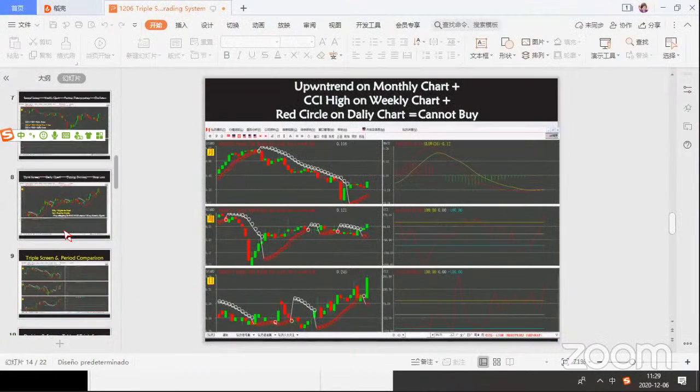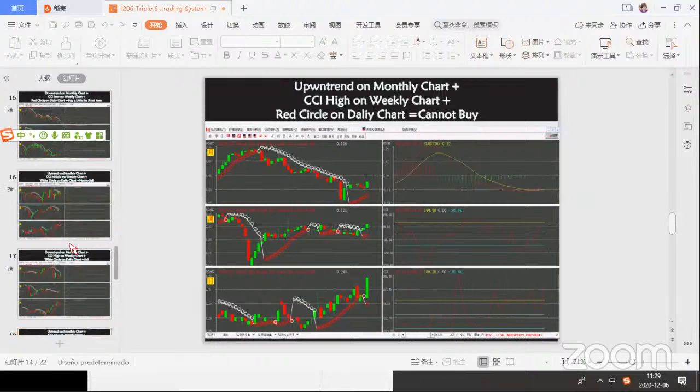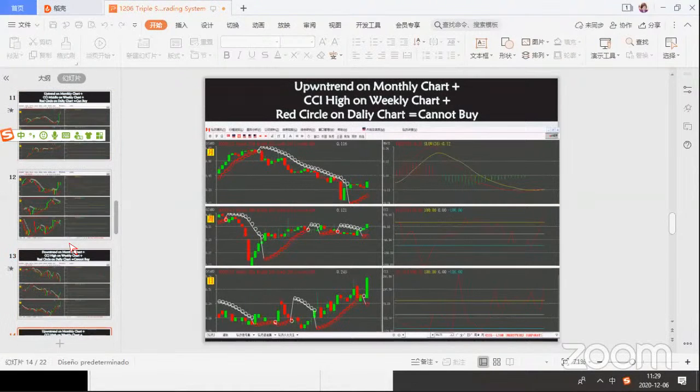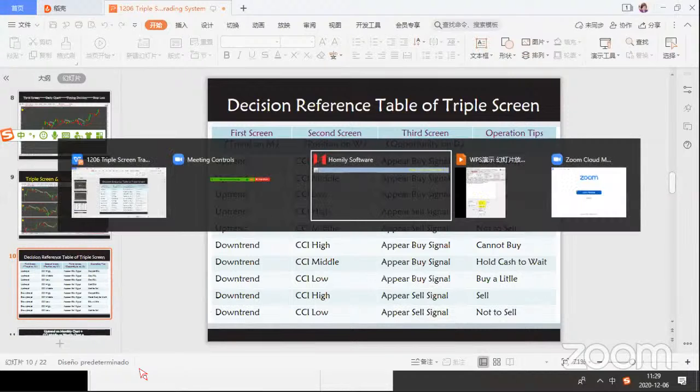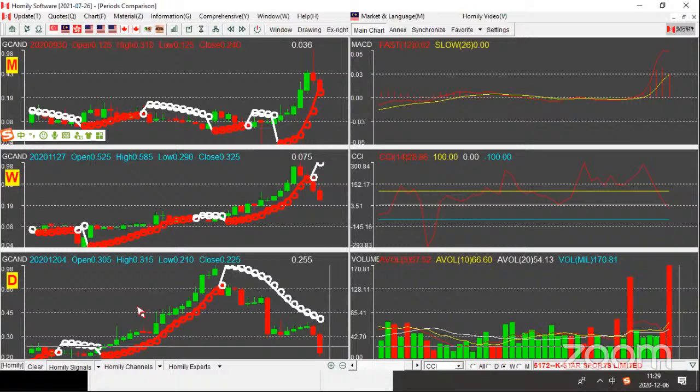So which situation it belongs to, you can see over here. Monthly chart still belongs to uptrend. Okay, CCI in the middle position. If the buy signal appears in the middle position, we still can consider buying, right? Yeah. But now it is a white circle, so there's no buy point here.